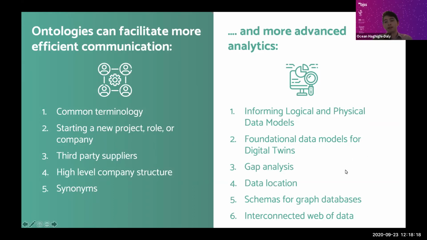The data cases: informing logical and physical data models. This is pretty much about taking your understanding of the organization's structure and how the different teams in that organization work and the jobs that they do, and translating that directly into your relational database table structure.